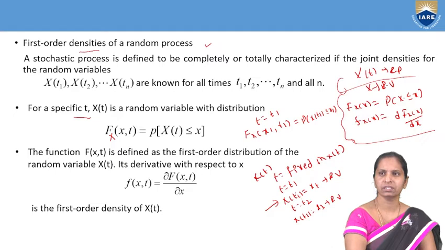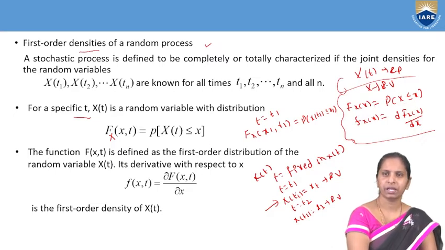So here, with respect to the random process, x of t is less than or equal to x. If t equals t1, then this random process becomes the random variable x1. So in place of x of t1, I can replace it by x1 here. Then fx of x1 comma t1 is equal to p of x of t1 less than or equal to x1.